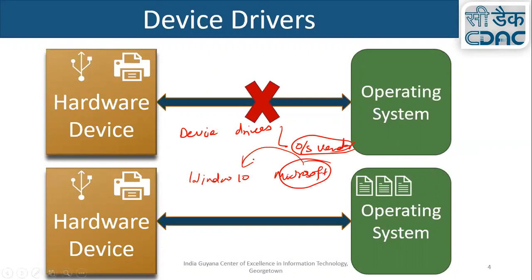When you install it, the drivers automatically install inside your system. But for some specific devices like a printer, if you buy a printer you get a CD with it, and you have to install it in your system, and then you can utilize that driver.